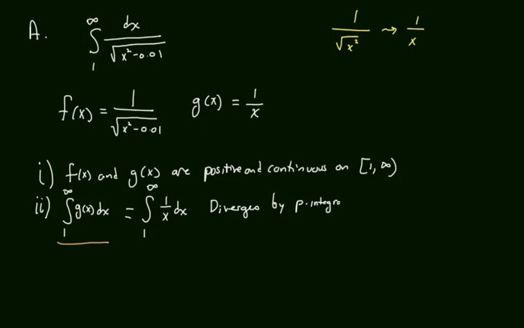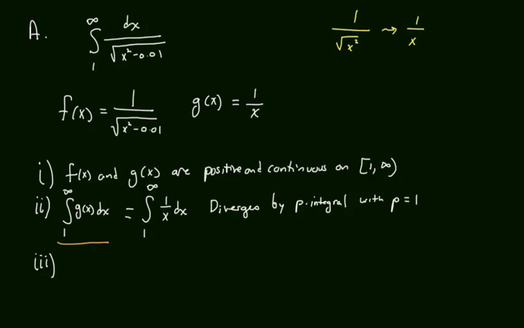Remember, we defined that to be p integral with p equals 1. So this is a divergent integral. And then in step 3, the goal is to show that our f of x is bigger than the g of x. If we can do that, we'll show that the integral of f diverges also.